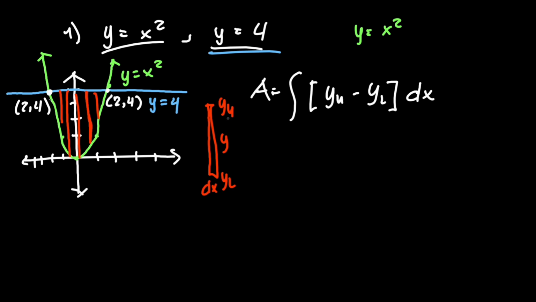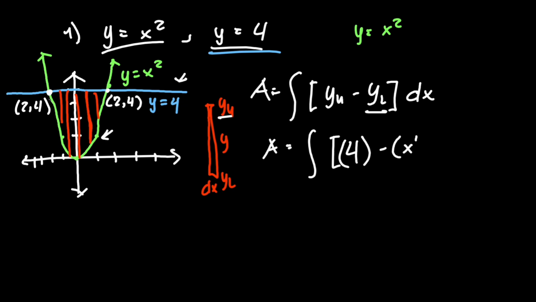And so, what touches the y upper of this? It is this curve right here, y equals 4. So, the value of y here would be equal to 4 minus the value of y lower, which touches this curve. And since this is y equals x squared, the value of this would be simply x squared of dx.